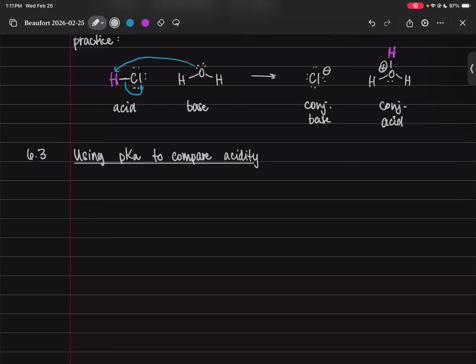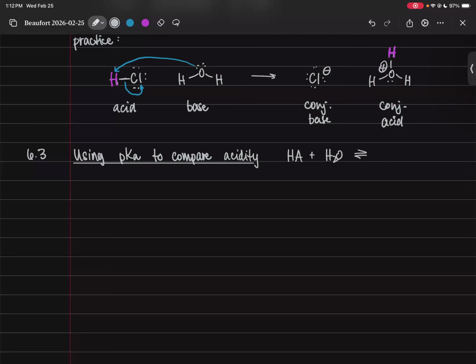In most, if not all, acid-base reactions, Bronsted-Lowry acid-base reactions, we want to be able to compare the acidity of multiple substances. We might also say to compare the basicity, but it kind of ends up being the same thing, of multiple substances. So actually, I'm just going to take this reaction up here and simplify it to HA plus H2O.